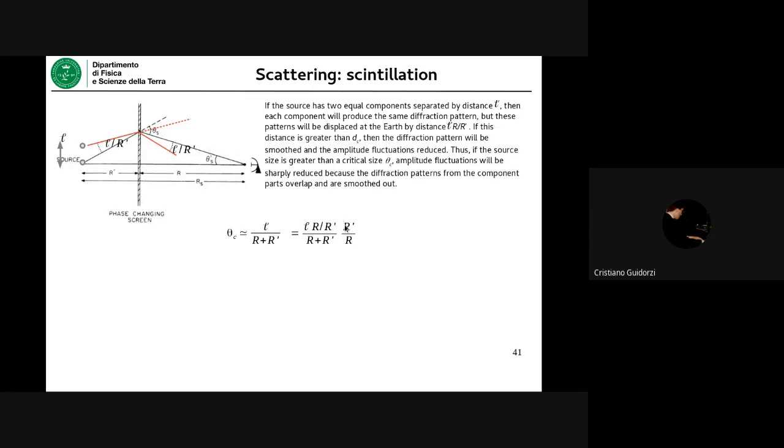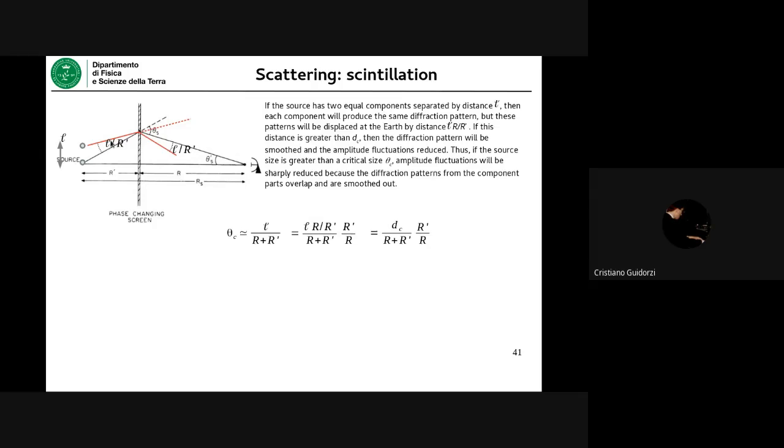I just multiplied and divided by the same quantity, R prime over R. When this is equal to the correlation length.